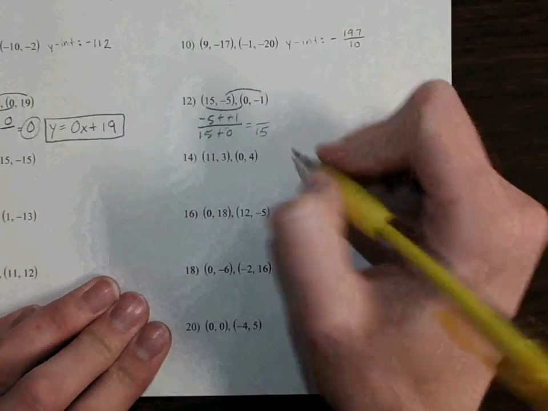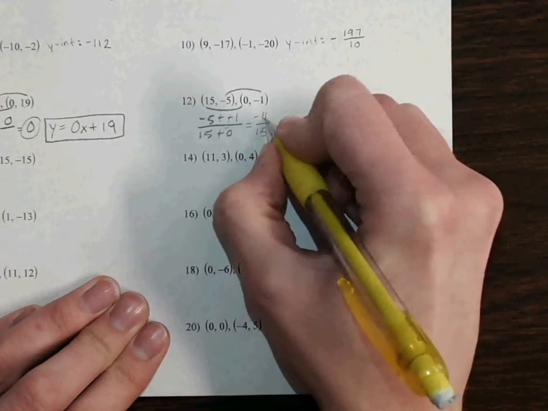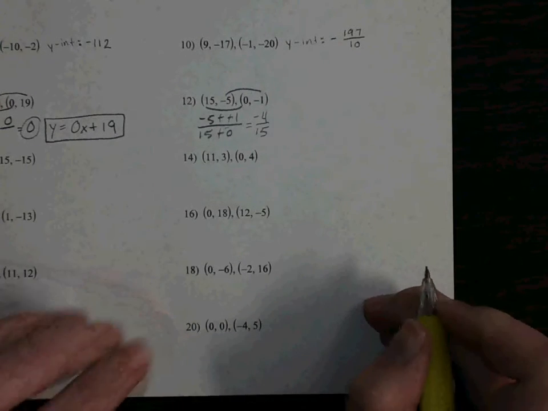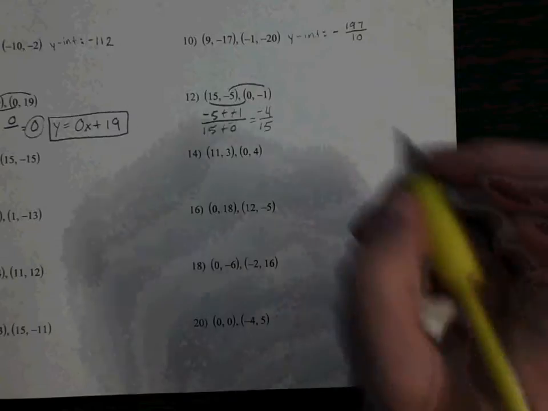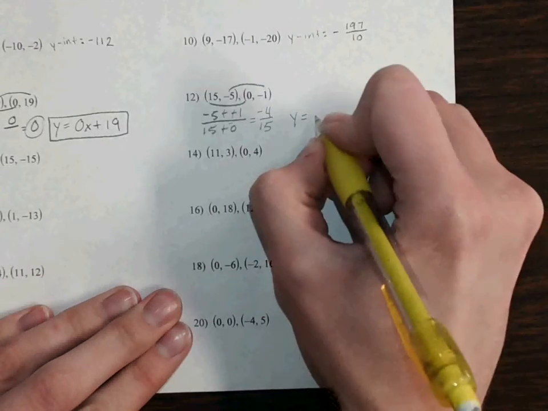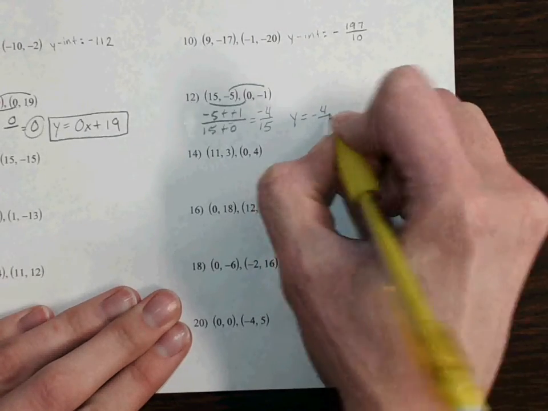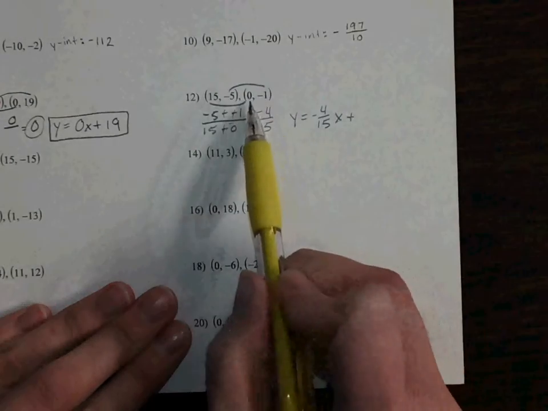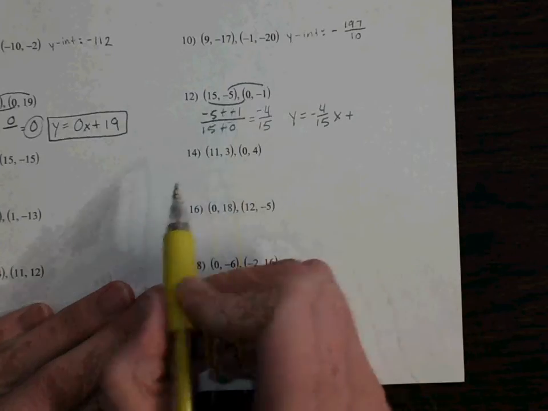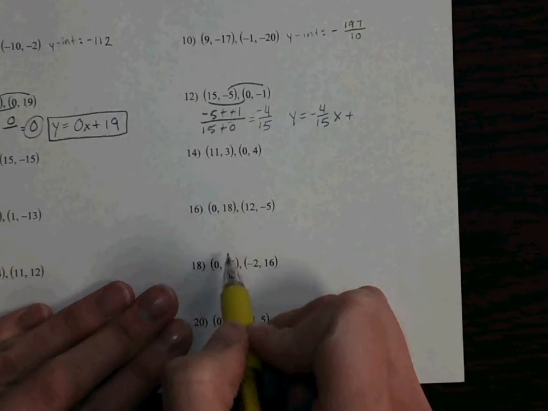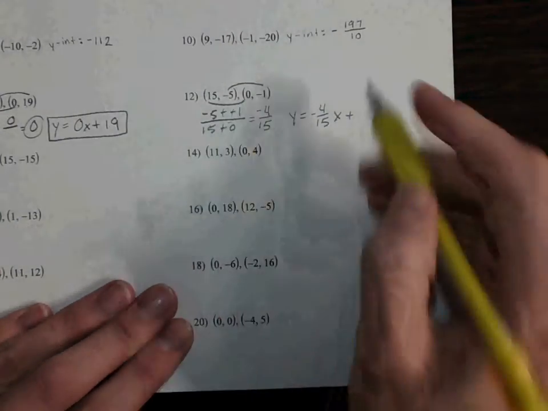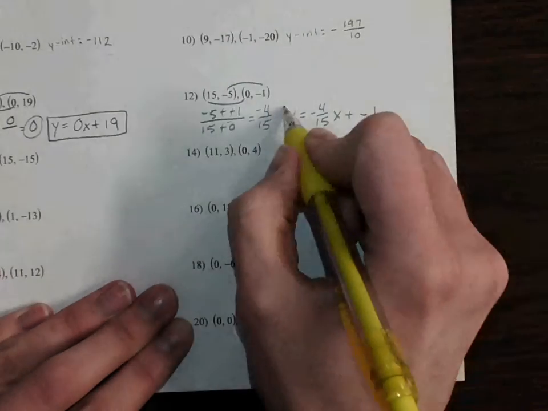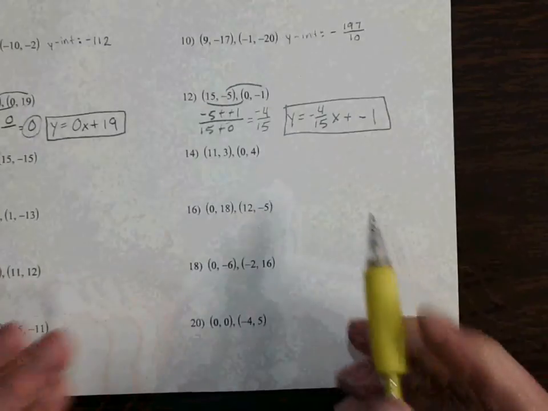Negative 5 plus a positive 1 is going to give me negative 4. And then y equals, now I'm going to look back at my points. The one with a 0 for x means I go left or right 0 and then down 1. That would be on my y-axis. That is going to be my y-intercept.